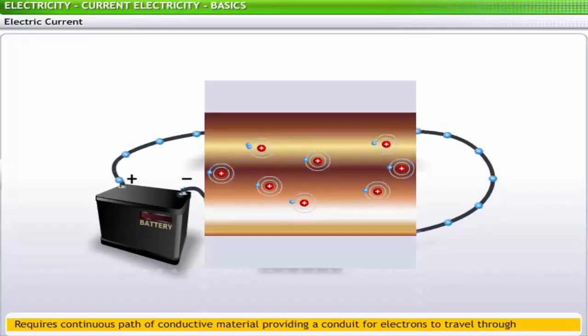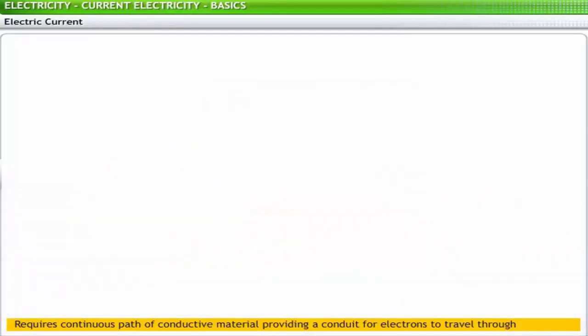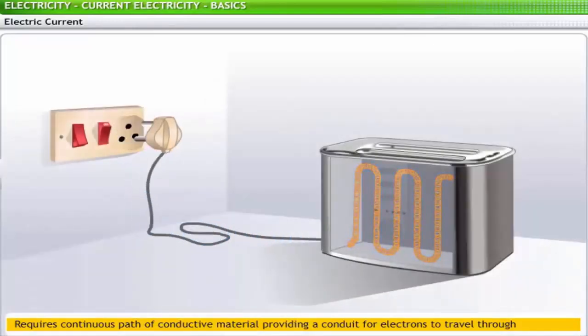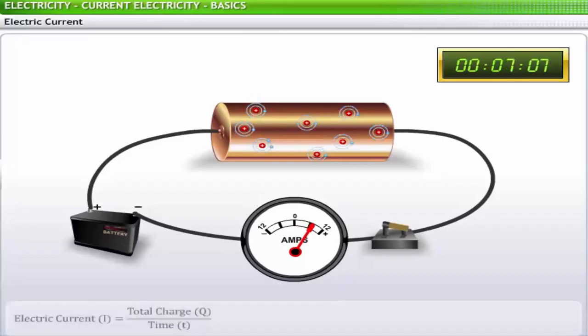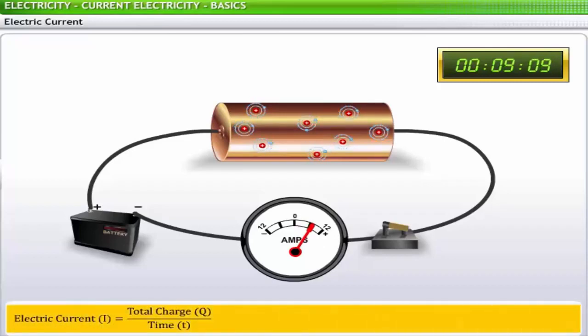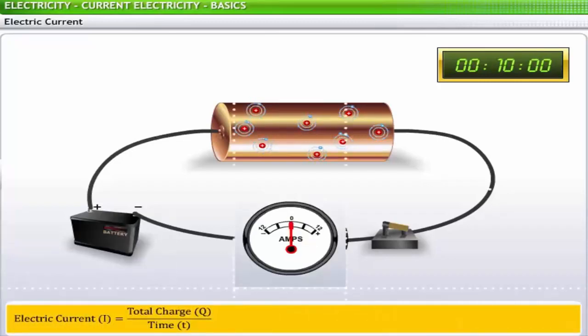Thus, all the electrons move together as a group. When you unplug an appliance, say a toaster, from the power supply, the flow of electrons is interrupted and the appliance stops working. You can measure electric current as the rate of flow of charge or the amount of charge flowing through a point per unit time.